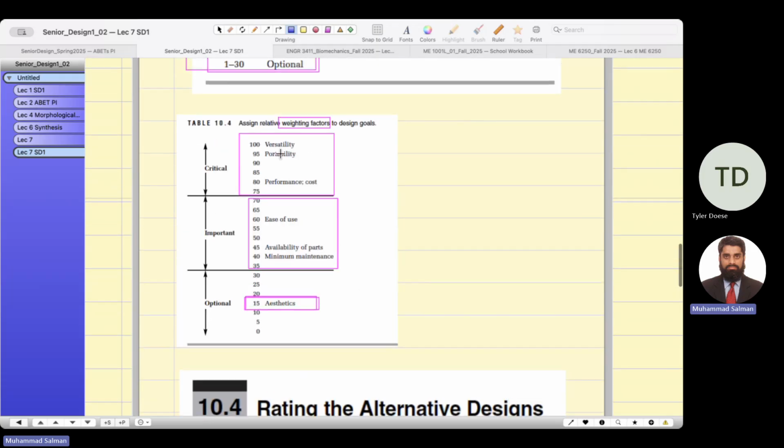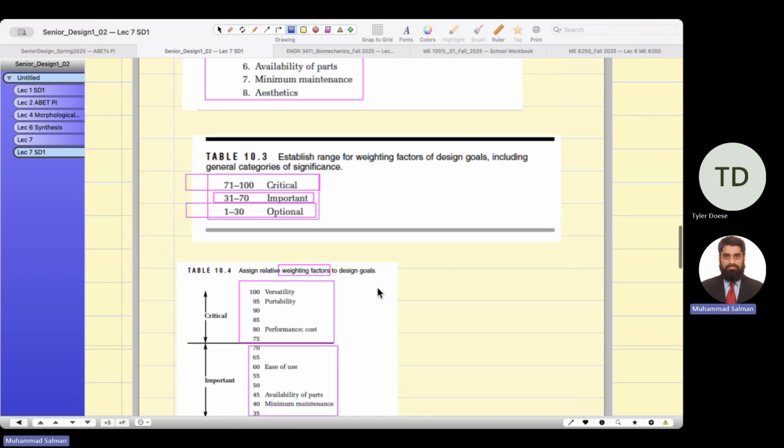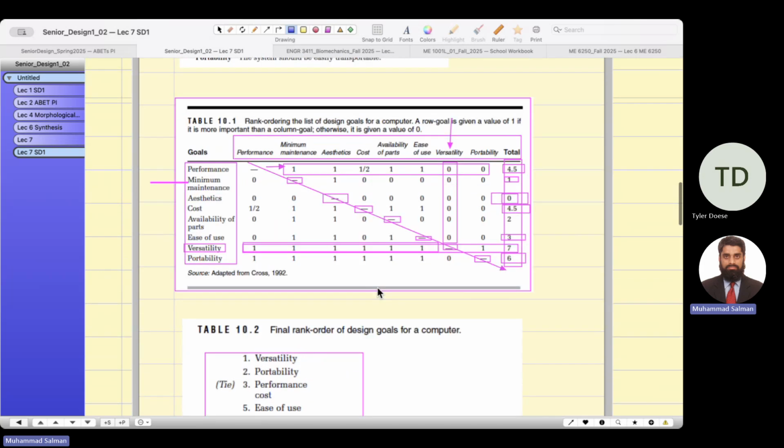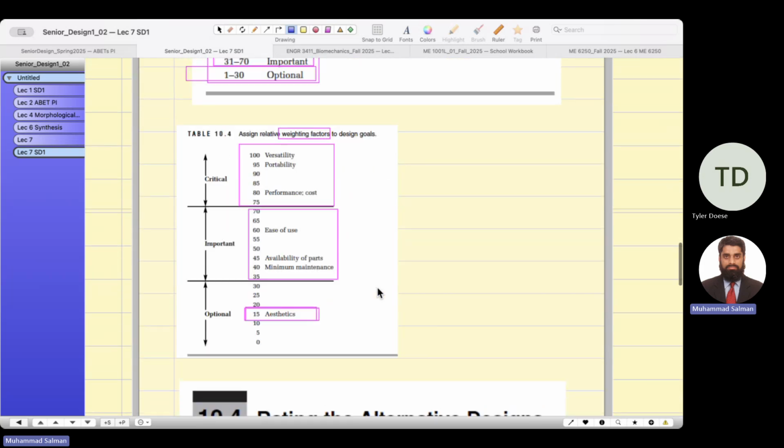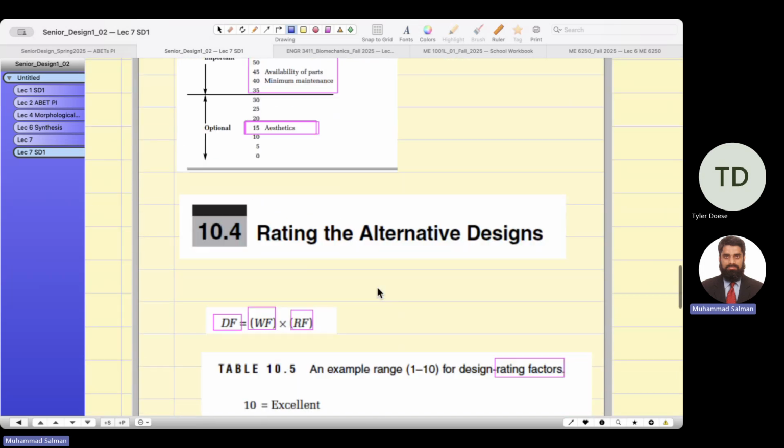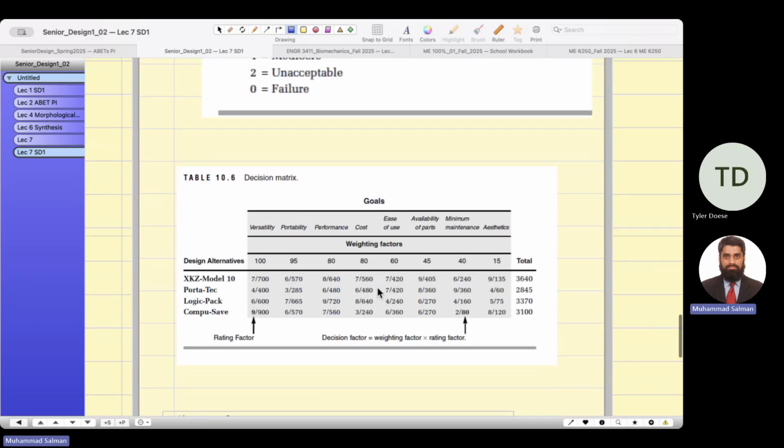Suppose each goal, how many goals we have been given here? 4, 6, 5, 6, 7, 8. 8 goals are mentioned in this rank ordering matrix. So for 8 goals, you have to come up with the rates. All these goals are written here, and then you will give the rating for design number 1.